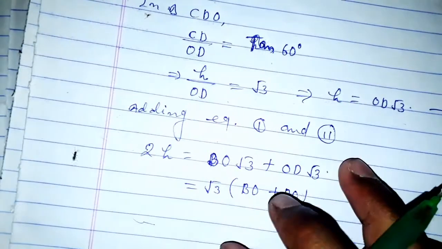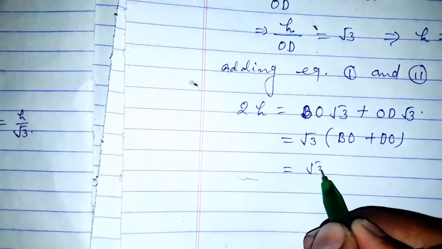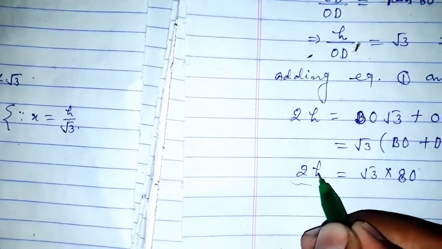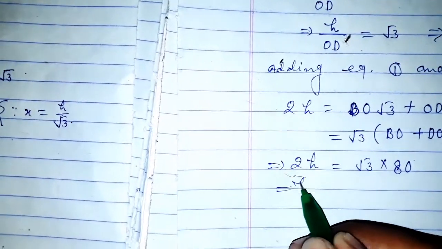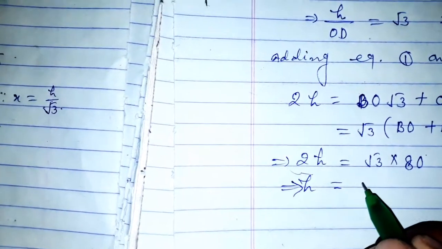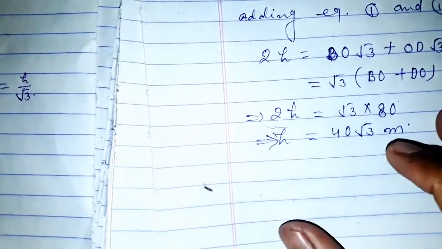So put the value here: root 3 into 80, this is 2h. So h is equal to, dividing by 2, 40 root 3 meter.